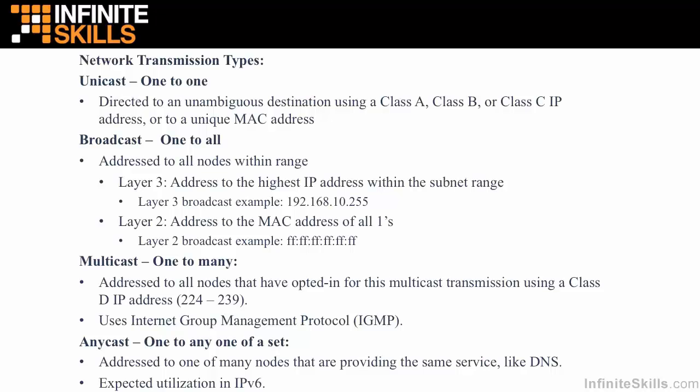But if the nearest one happens to be down, that's okay, because one of the others that have this same Anycast address will receive my request and will be able to respond to me, maintaining the availability of this particular service. As I said, we haven't been utilizing the Anycast type of transmission yet. However, it may increase as we move heavily onto IP version 6.